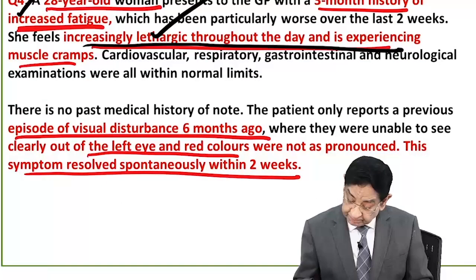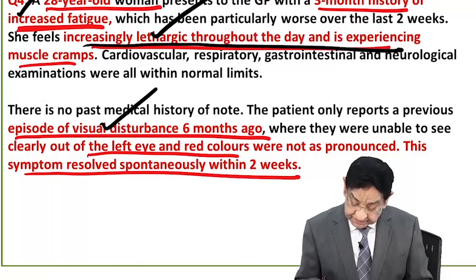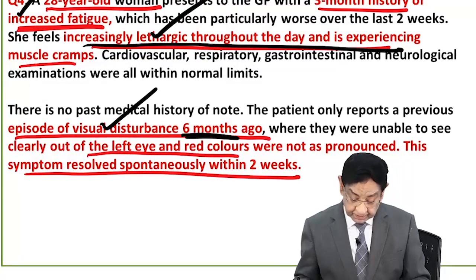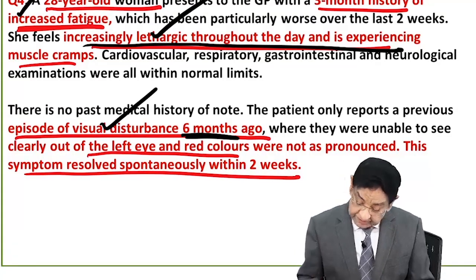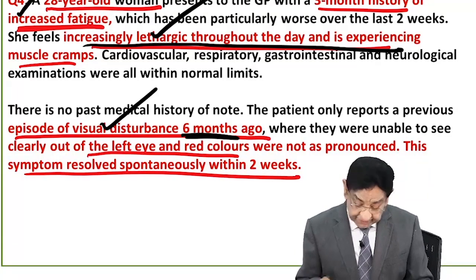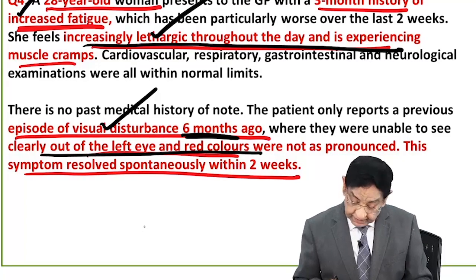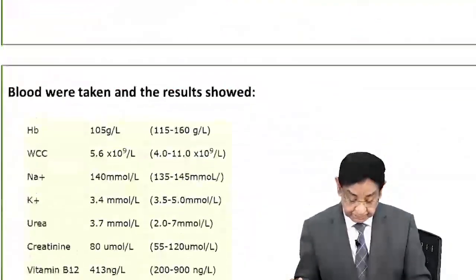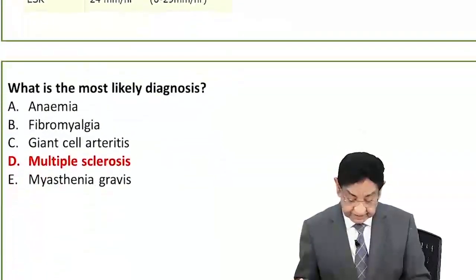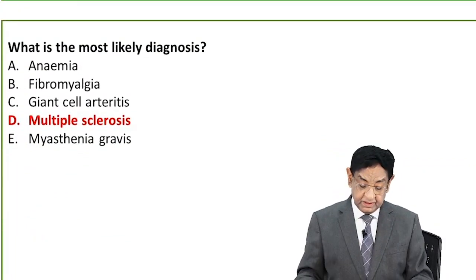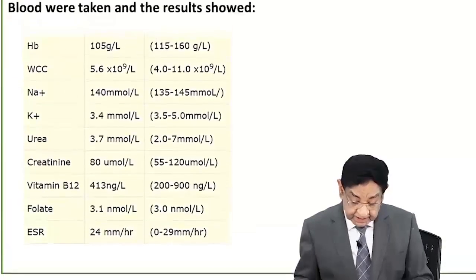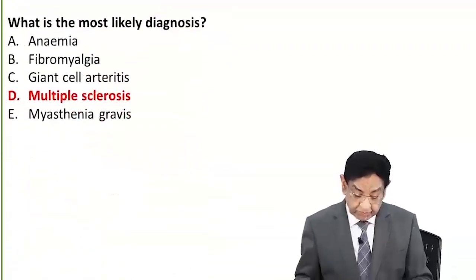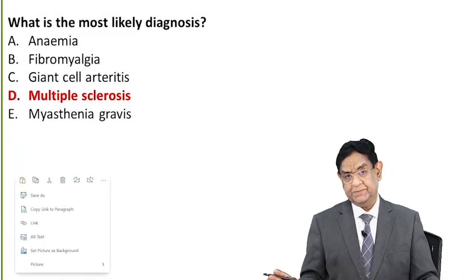And she had a visual disturbance 6 months ago on the left side, and the symptom resolved after 2 weeks. Lab tests are there. What's the most likely diagnosis?